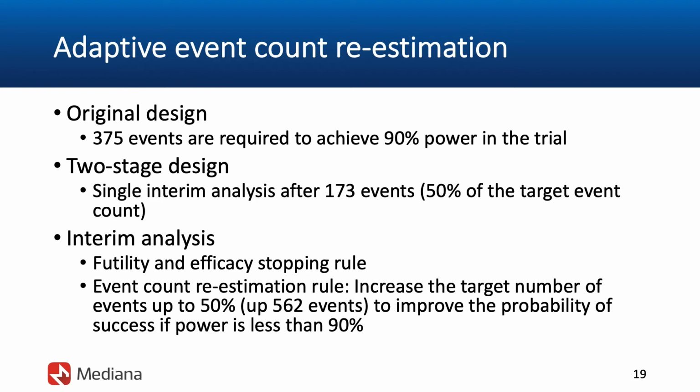Based on the unblinded interim data in the trial, the sponsor, using conditional power, using the predicted probability of success in the trial, could potentially increase the event count by up to 50%, which means up to a total number of 562 events, in an attempt to improve the probability of success if conditional power turned out to be less than 90% at the time of the interim analysis.